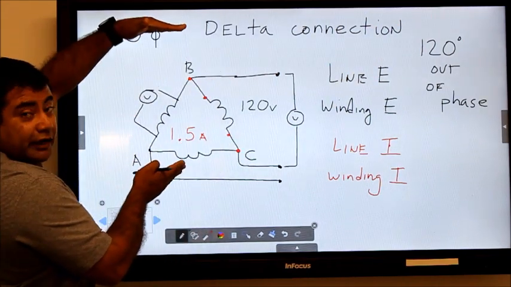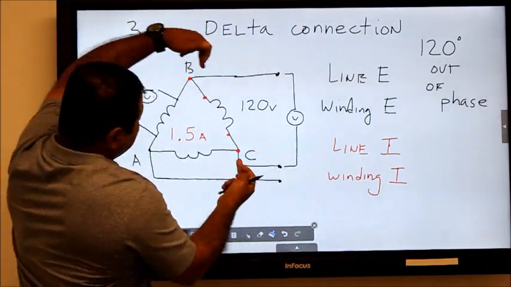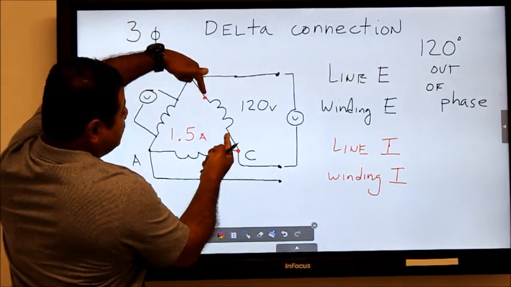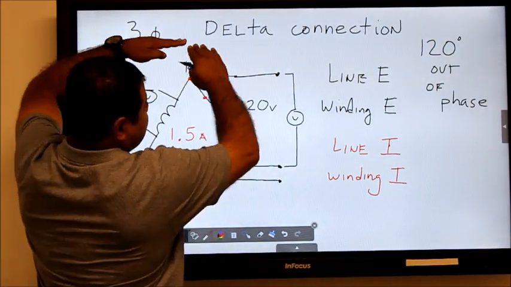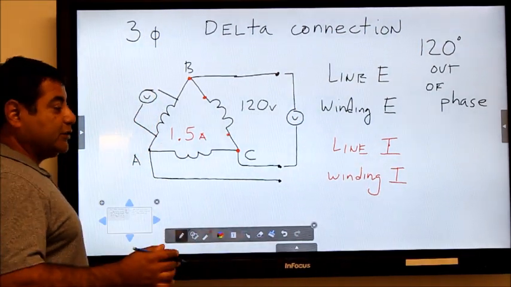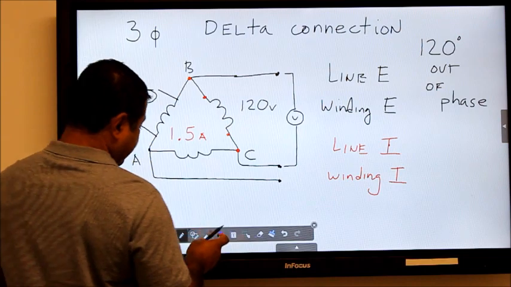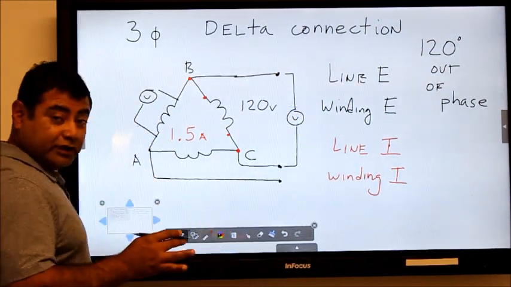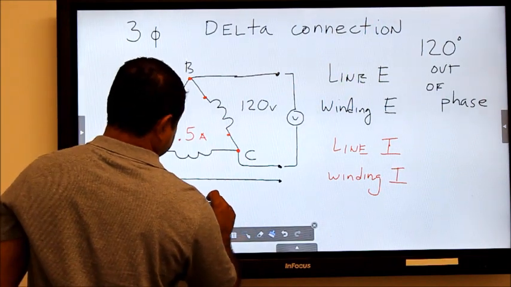So for a delta connection, the line voltage is the same as the winding voltage. So we say that the delta connection gives us a constant voltage value, and it's important for you to remember that. Okay? In a delta connection, voltage is constant.